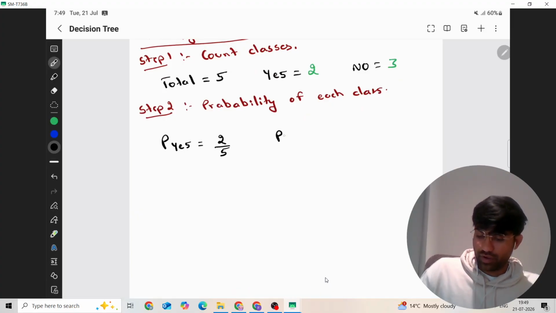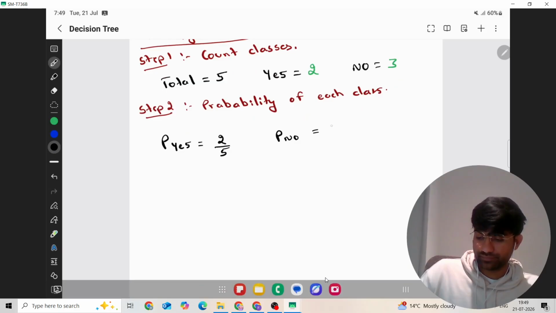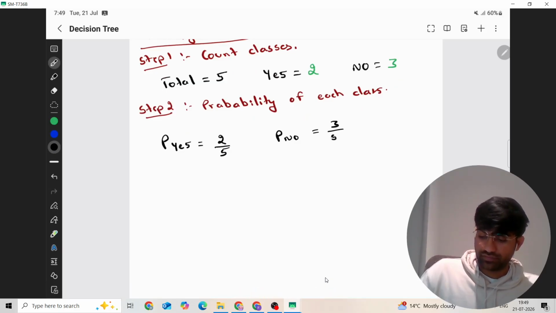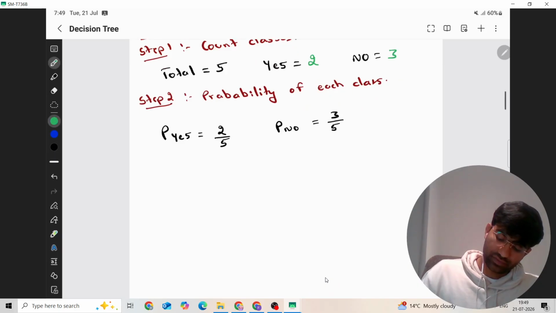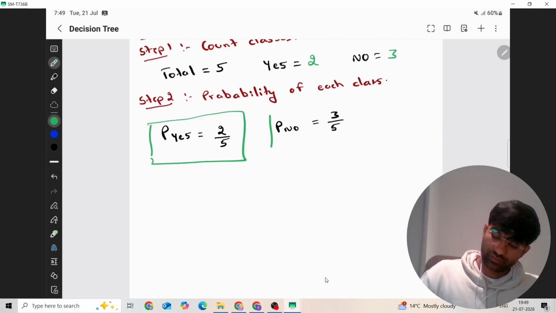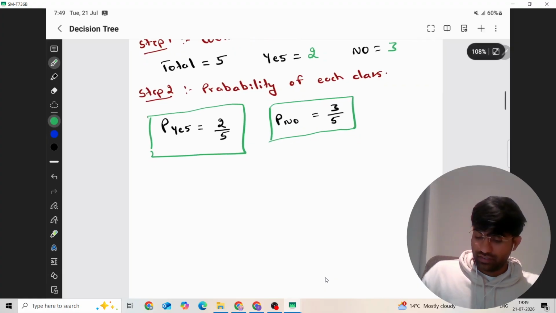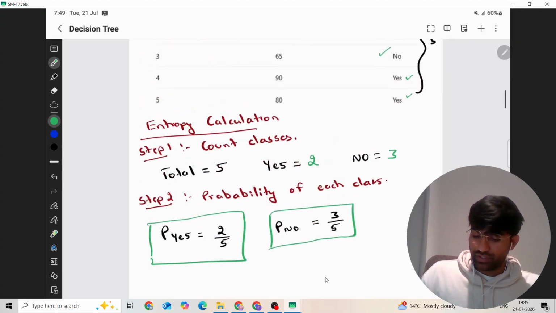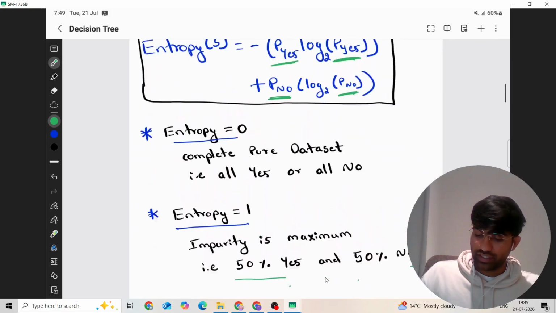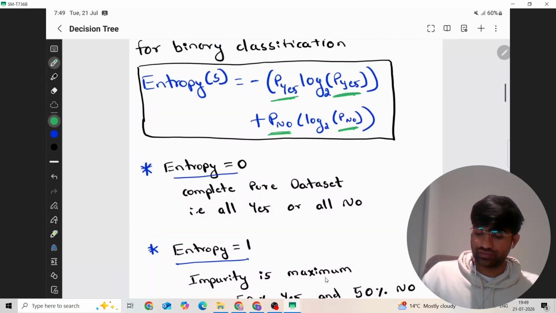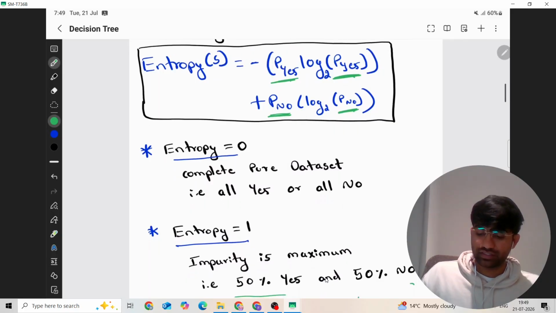And probability of no will be 3 by 5. Okay? 2 by 5 and 3 by 5. And if we put these values, probability of yes and no, in our entropy formula, we will substitute this value and we will calculate the entropy.